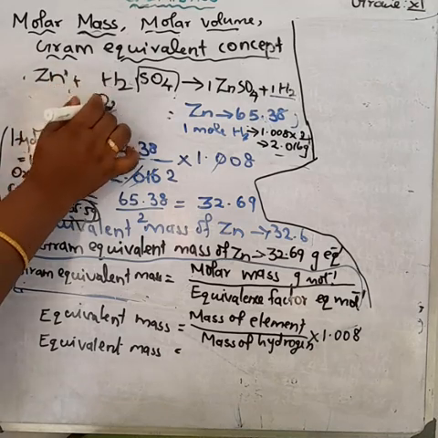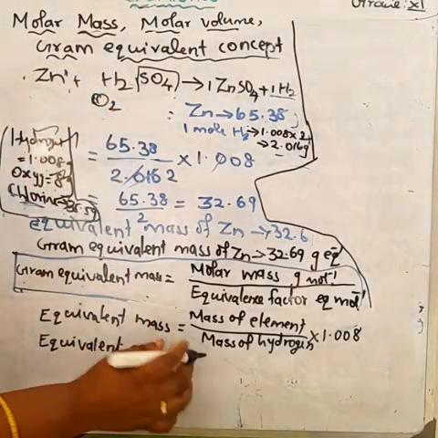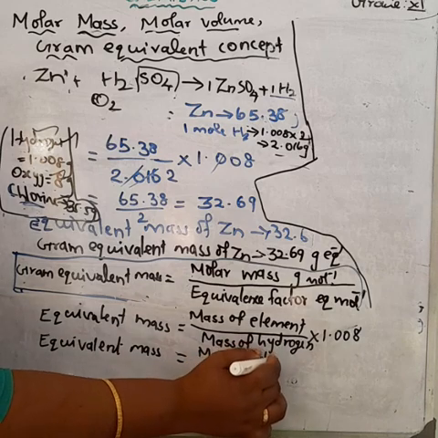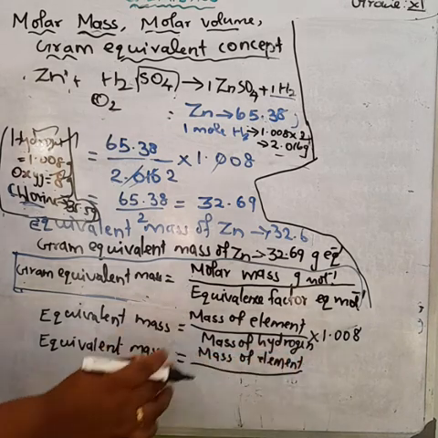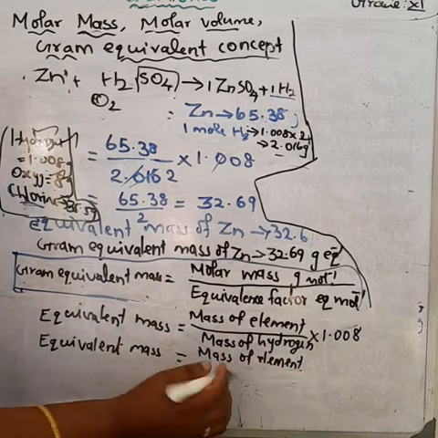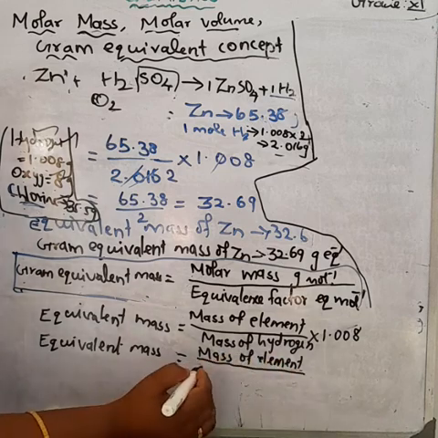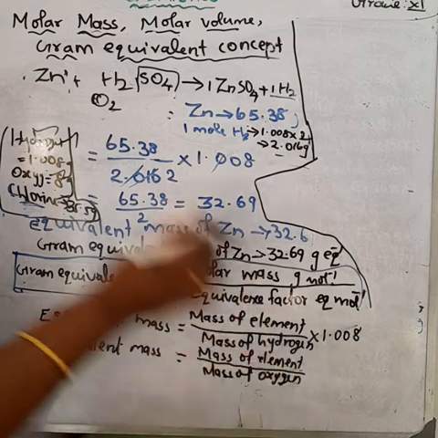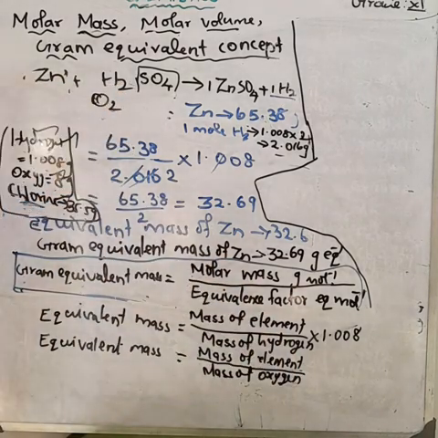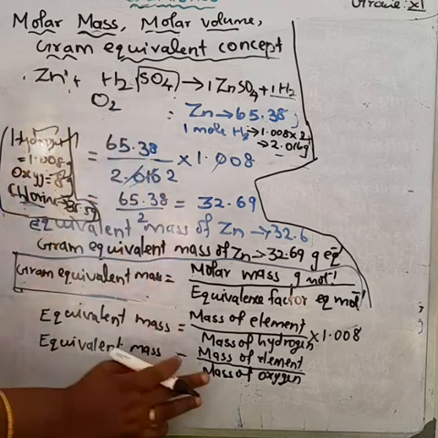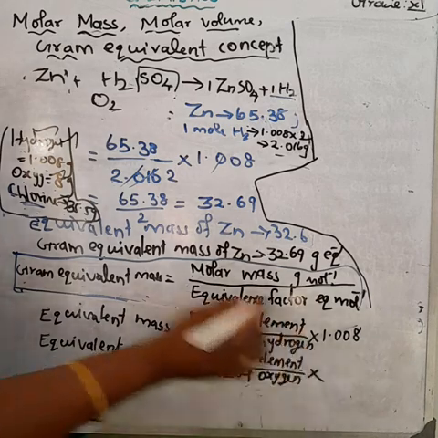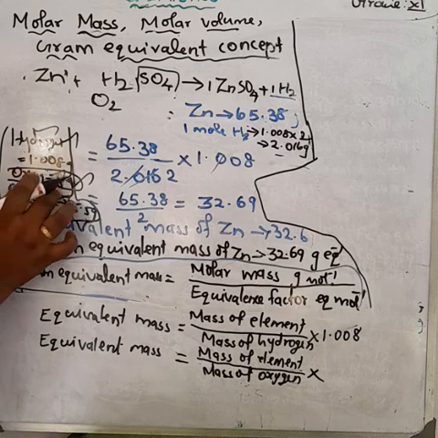We use the simple formula: equivalent mass is equal to the mass of the element divided by the mass of the oxygen, into what is the weight of oxygen given in the definition? 8 gram of oxygen, into 8.